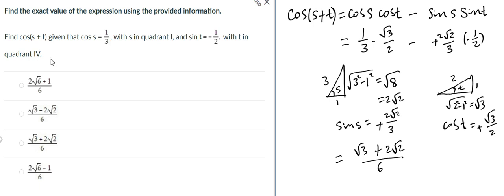First of all, we know cosine s is 1/3, so we have to figure out what sine s is. S is in quadrant 1, so both cosine and sine must be positive. Since cosine s is 1/3, here is the picture: adjacent over hypotenuse.